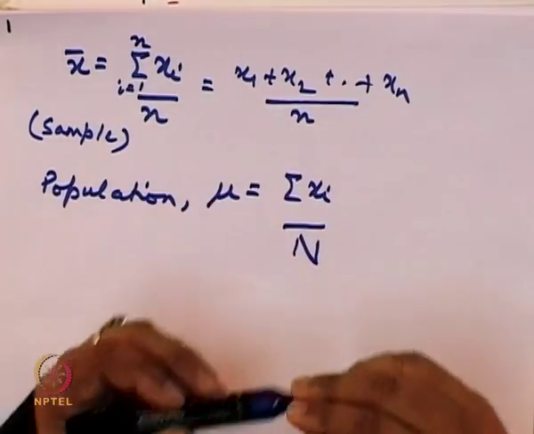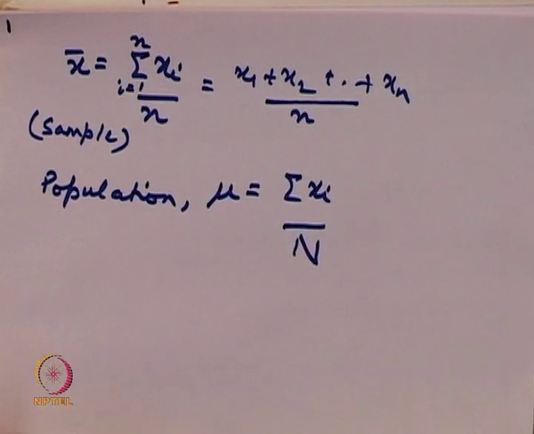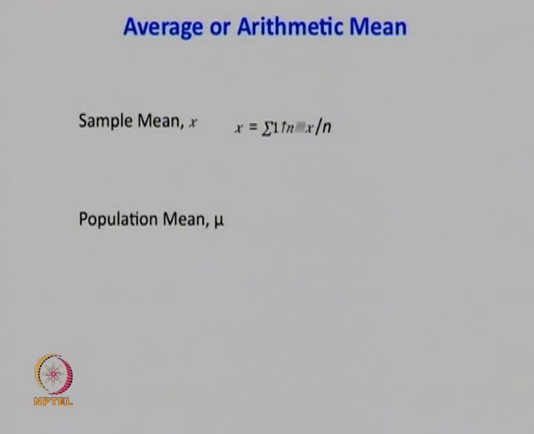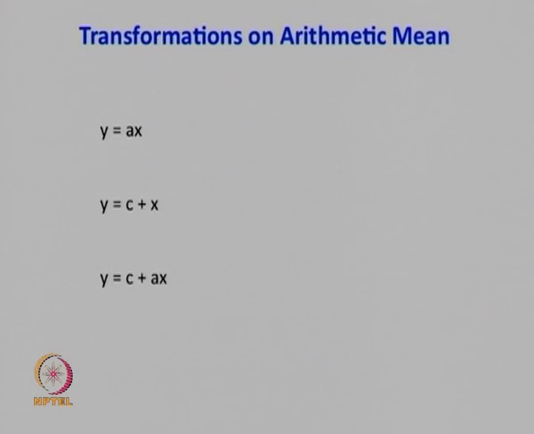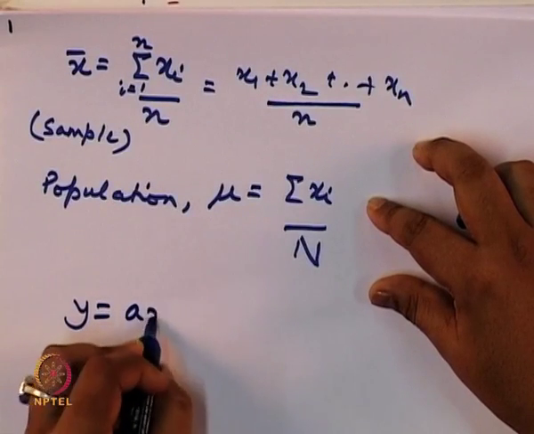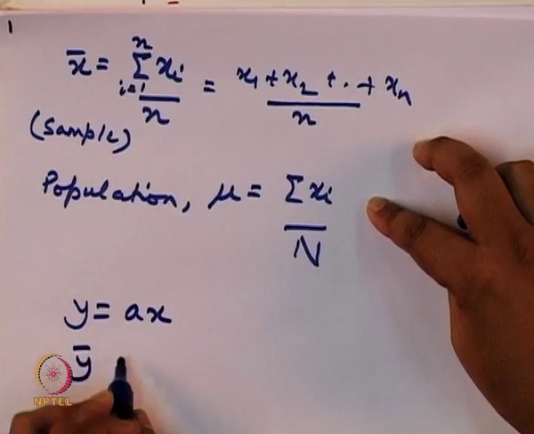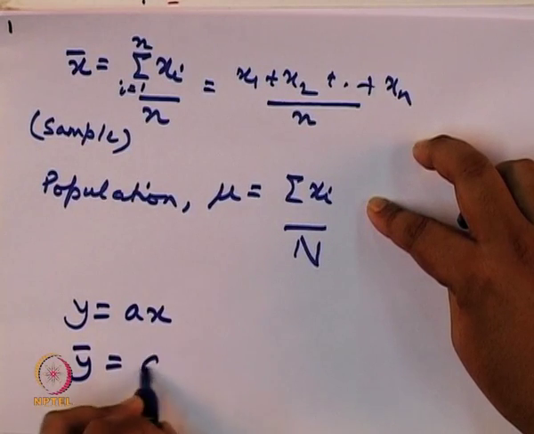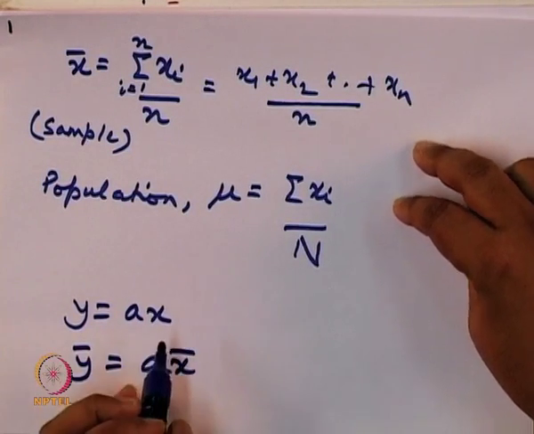Okay. So, we had then discussed the different kinds of transformations which can be done on the arithmetic mean and seen how the values vary. So, for example, if you have y is equal to a x, then we come to the conclusion y bar is equal to a x bar, and it is easy to prove.